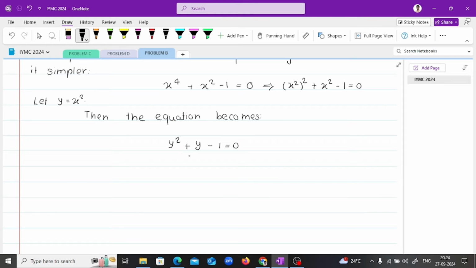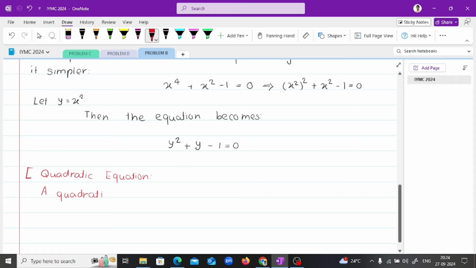Okay, so before solving this equation, I will briefly explain the definition of a quadratic equation. So now let's take a quick moment to define what a quadratic equation is.